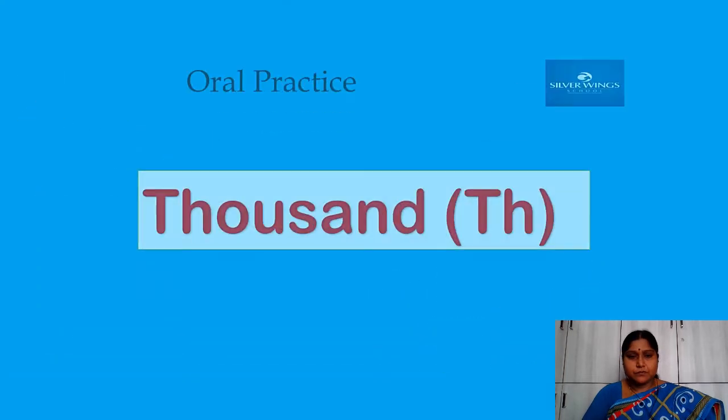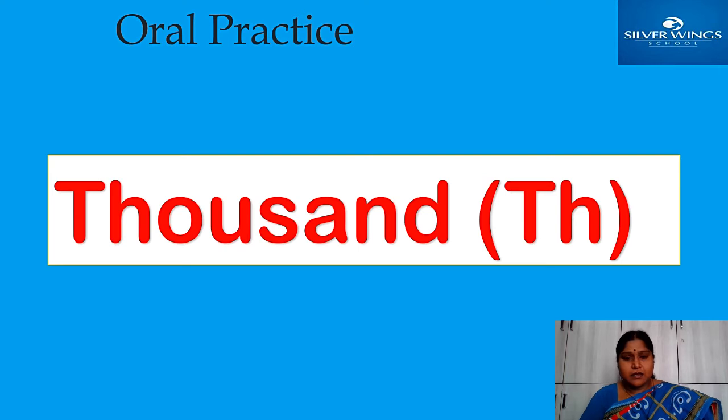Okay. Now, you already know ones, tens, hundred spelling. Now, you should learn thousand spelling thoroughly, because all 4-digit numbers start with 1000 only. Now, I will give you oral practice. Read with me. T H O U S A N D, thousand.